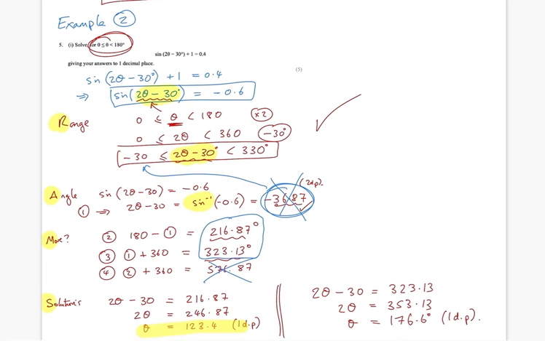And look, I've finished. I've got my 2 solutions, and are they in the range that we set? Sorry, not that one, the original range. Are they in the range of the question for my theta? Yes, they absolutely are. And that's us done.